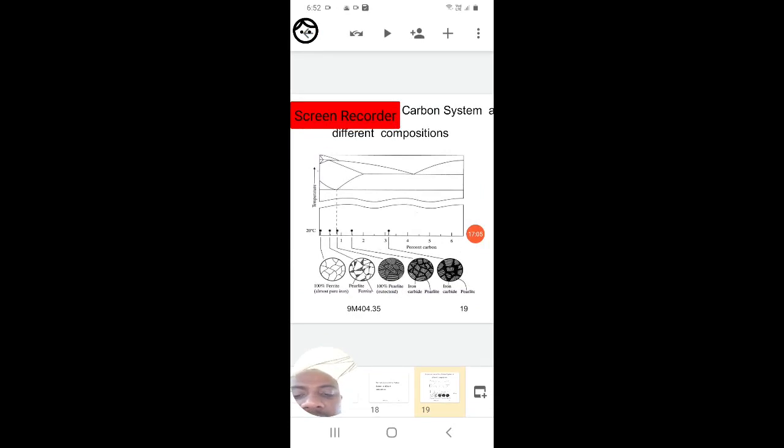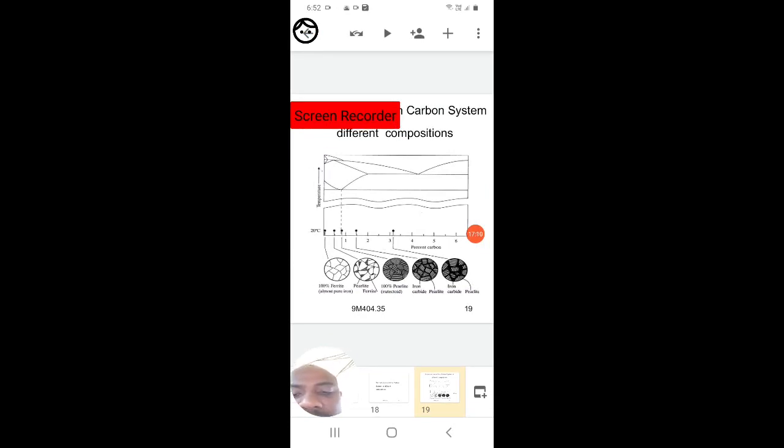That is a eutectoid reaction. So at exactly 0.8, 100% of pearlite is formed.